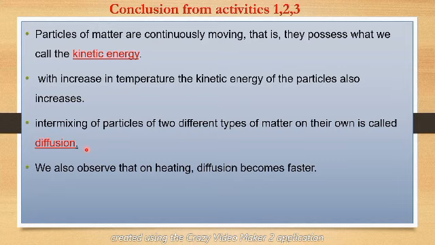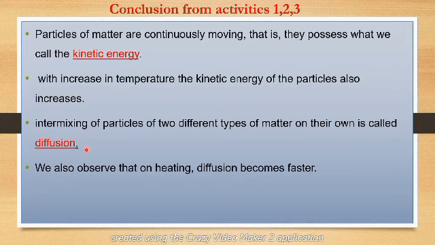And we performed another activity with potassium permanganate and water. In that also, the potassium permanganate crystals occupy the space between the particles of water, and the solution becomes purple. Okay. And we did that experiment with hot water and cold water. In case of hot water, the solution becomes purple faster.